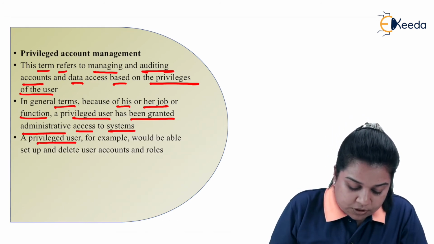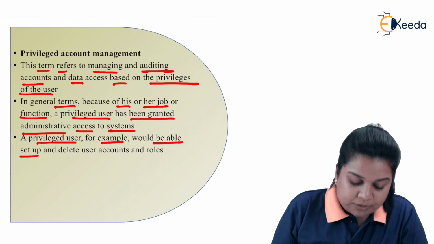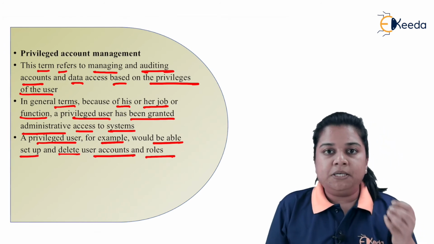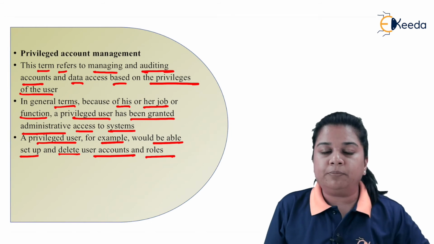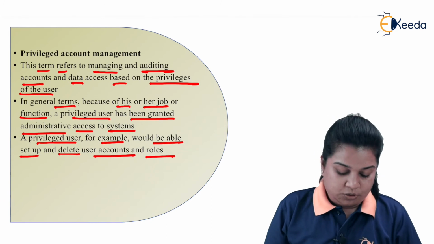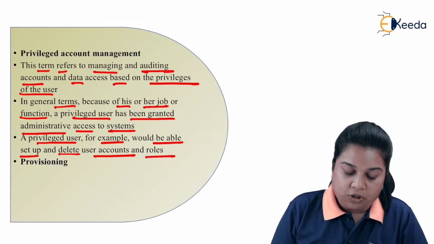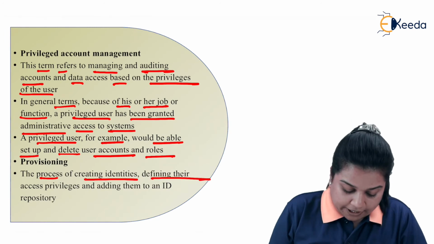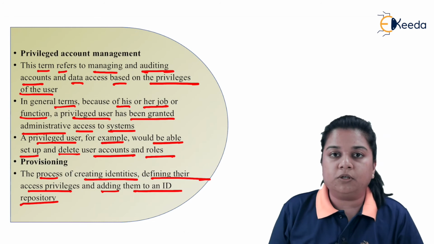A privileged user, for example, would be able to set up and delete user accounts and roles. That means it has the privilege of doing that particular task for the enterprise and the organizations. Then provisioning. The process of creating identities, defining their access privileges, and adding them to an ID repository.